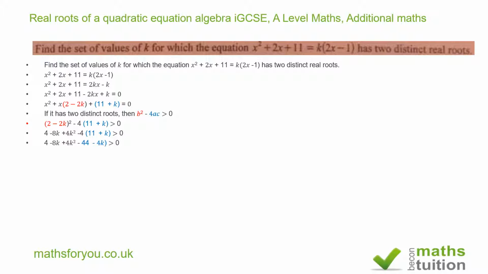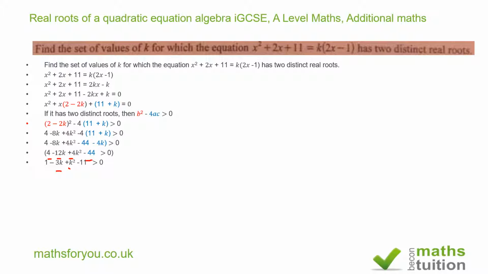Now, you can see here that every term has got a multiple of 4, so we can divide every term by 4. If you divide 4 by 4, you get 1. Divide 12 by 4, you get 3. Divide 4k squared by 4, you get k squared.